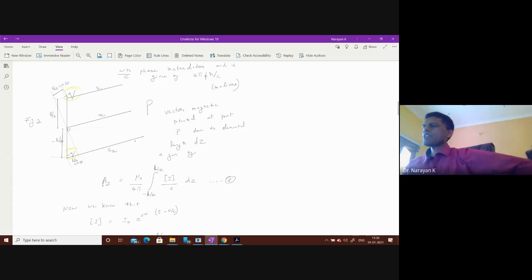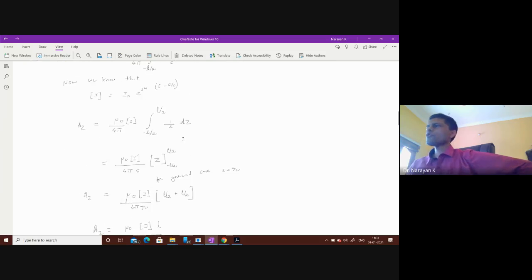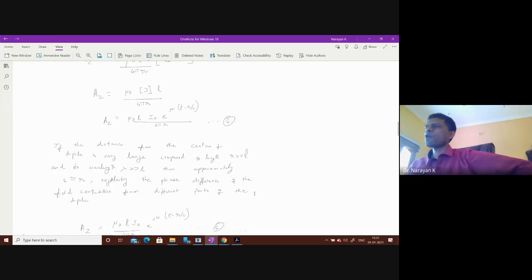Vector magnetic potential Az is nothing but mu upon 4 pi, integration from minus L by 2 to L by 2 of I by S dz. That is the definition of vector magnetic potential. So your retarded current I, you substitute, integrate that. Instead of S, substitute R for a general case. After integration, you get this equation 4.